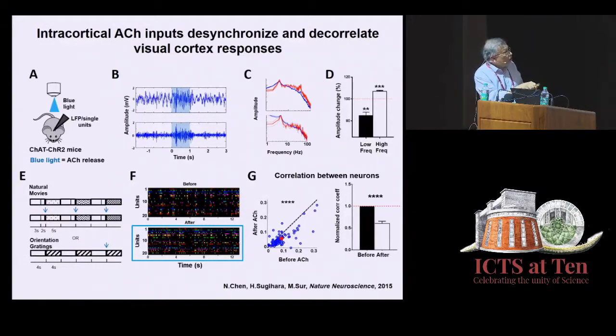There is more power in the high frequencies, and that is what decorrelation means. And if you record from neurons and you do the pairwise correlations, noise correlations, as it's called, the correlation decreases when you release acetylcholine in the brain. And that's what is shown here, that after acetylcholine, there is less correlation pairwise between neurons.